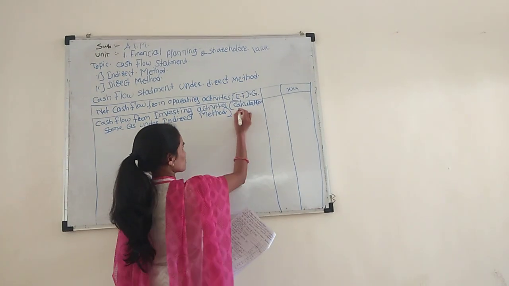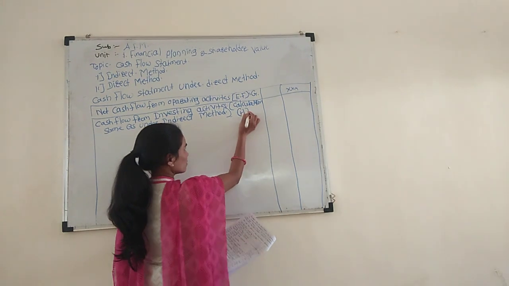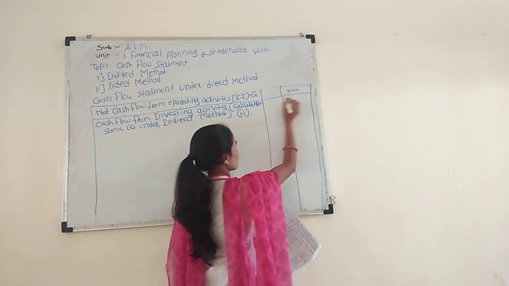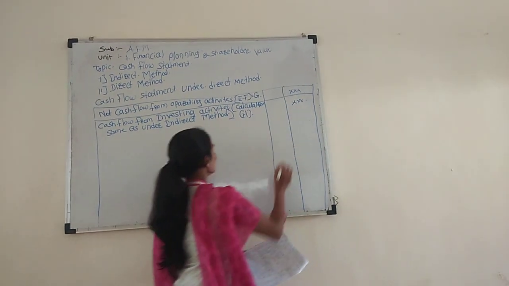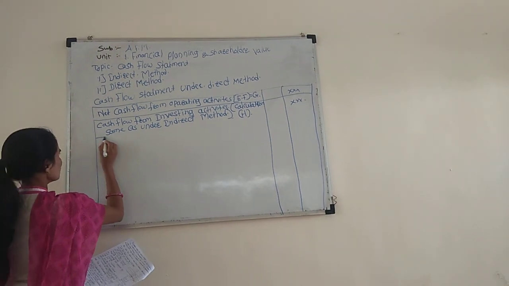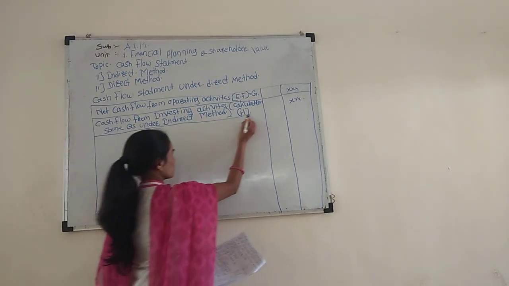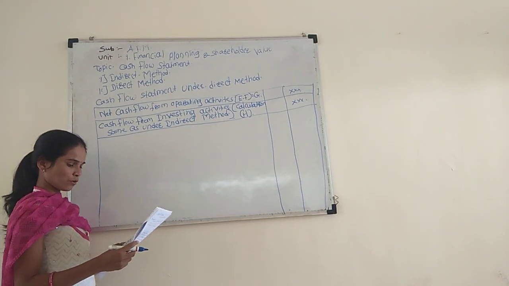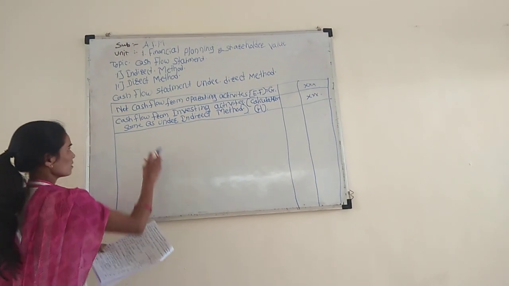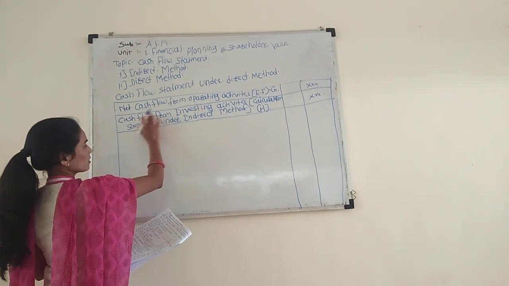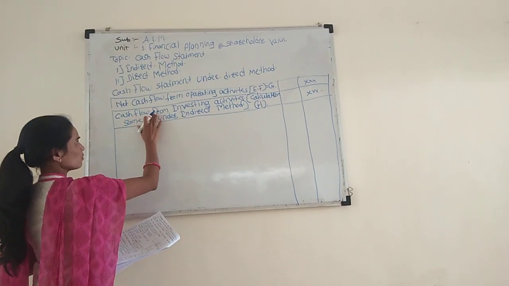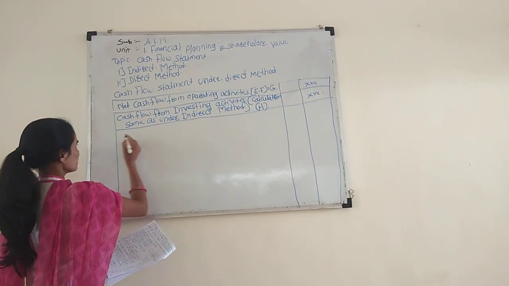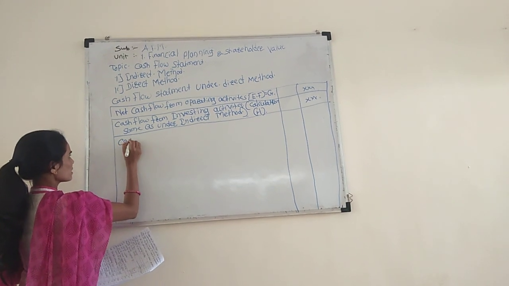This is called H, and the amount goes in the final column. The next one is cash flow from financing activity. H means cash flow from investing activity.